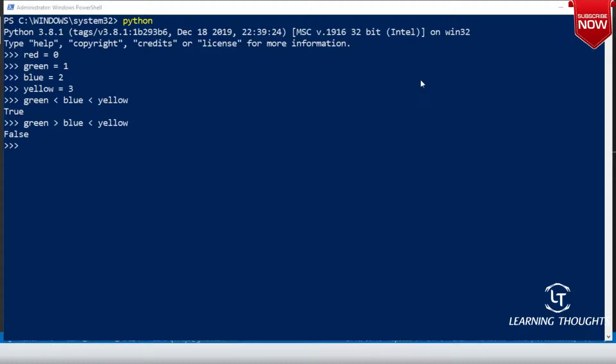Okay. So if you want, you can go one level ahead. So I can write yellow is greater than blue. Blue is greater than green. Green is greater than red.